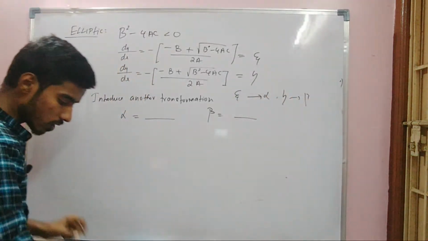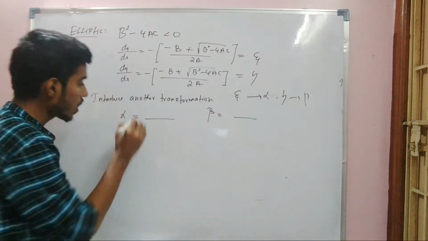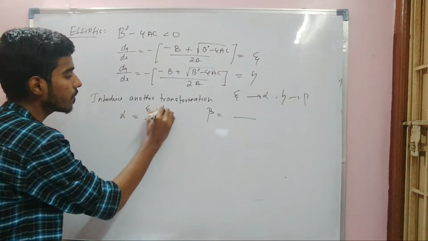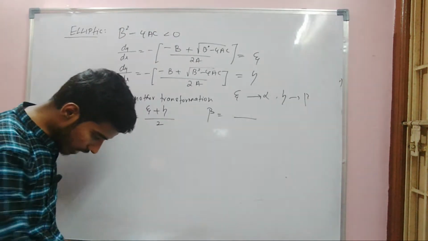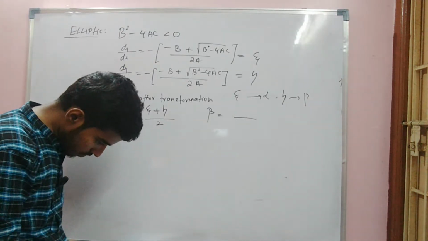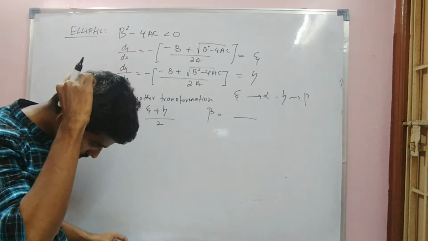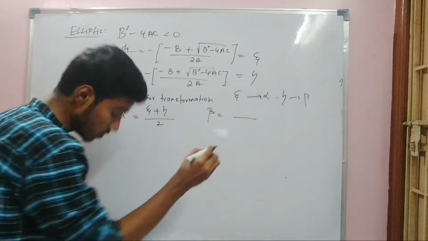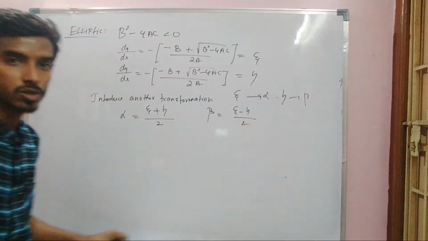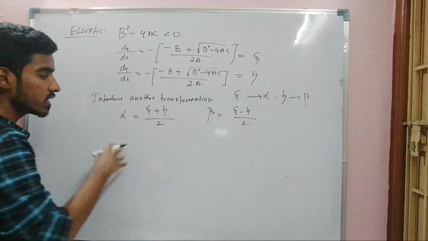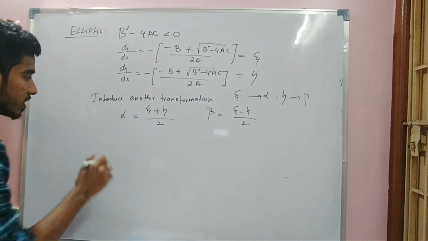So for alpha, you have to find theta plus eta by 2, and for beta, theta minus eta by 2, right? And then the canonical form will now be fully changed in terms of alpha and beta.